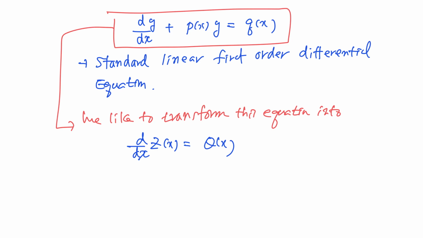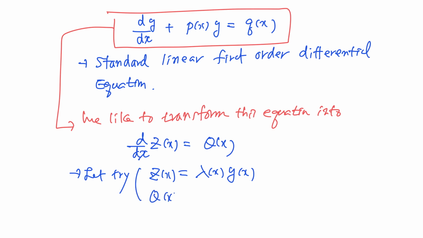Let's try z(x) as lambda(x) y(x), and q(x) as lambda(x) times small q(x).